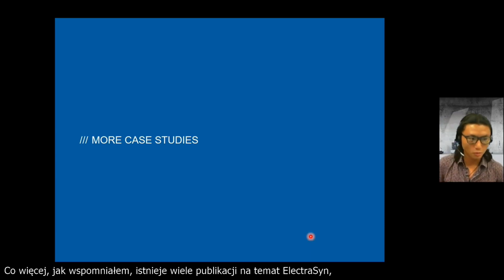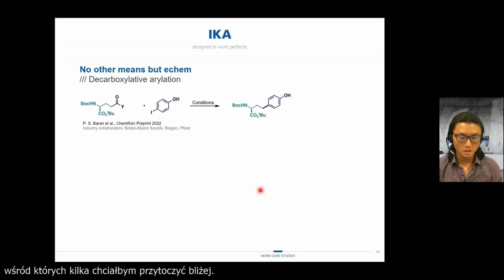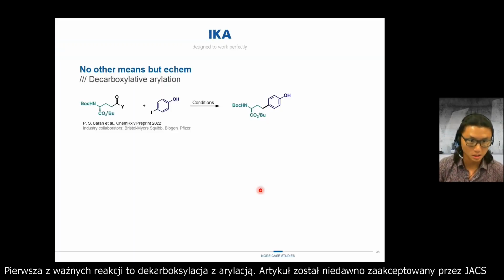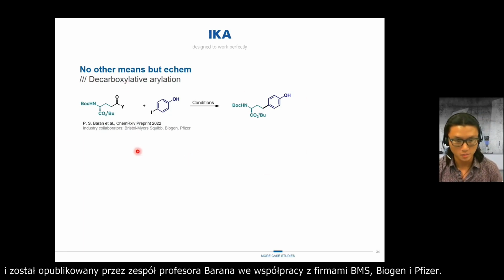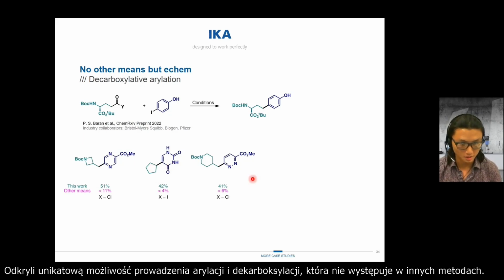So as mentioned, there are a lot of papers published with electricity, and here I wish to show you more case studies. So the first reaction is decarboxylative arylation. This paper was recently accepted by JACS. And in this paper, the Baran Lab, in collaboration with BMS, Biogen, and Pfizer, discovered a unique access to the decarboxylative arylation, which cannot be accessible with other means.